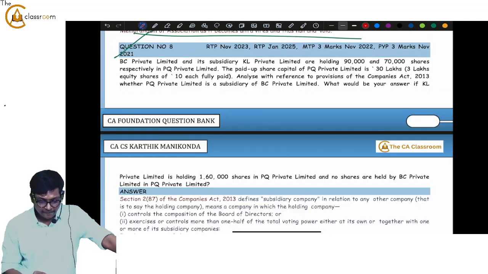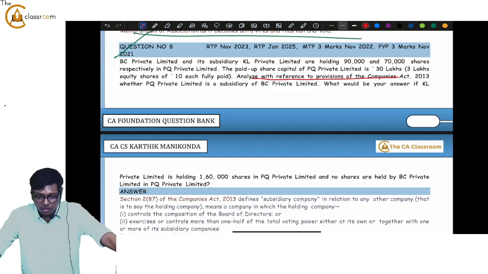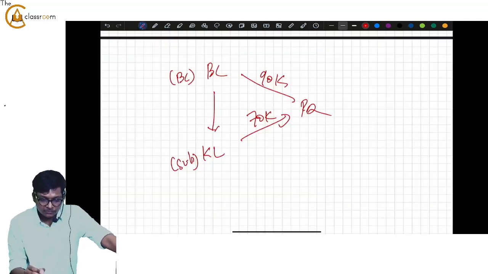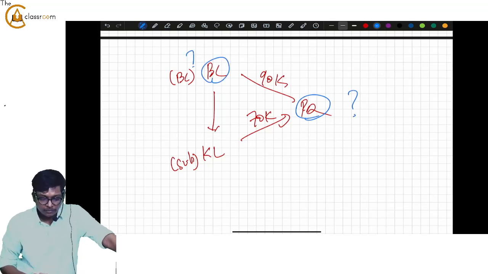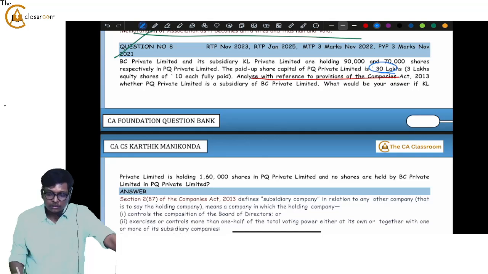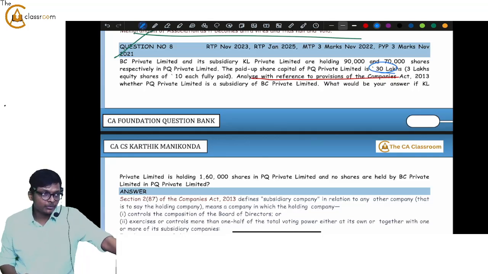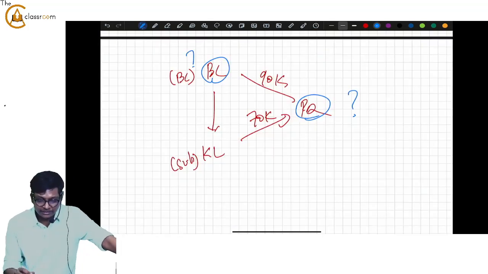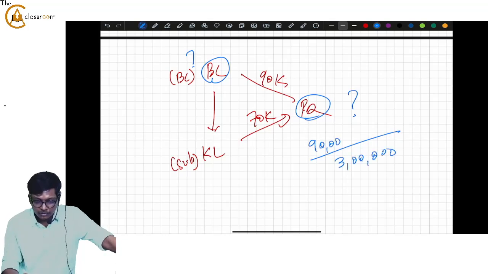Next, analyze with reference to provisions whether PQ is a subsidiary of BC. What are they asking? Whether PQ is a subsidiary of BC. How many shares are there in PQ? 3 lakh shares, total 30 lakhs. Out of 3 lakhs, how much is BC having? 90,000.